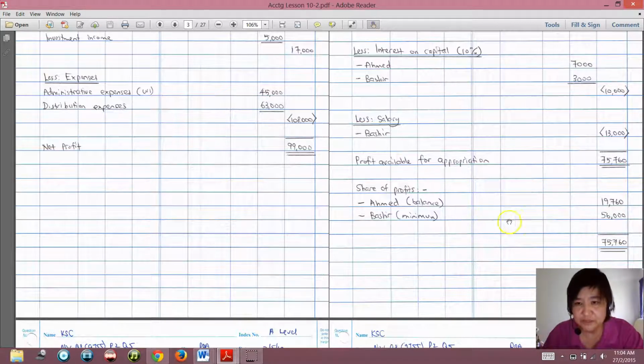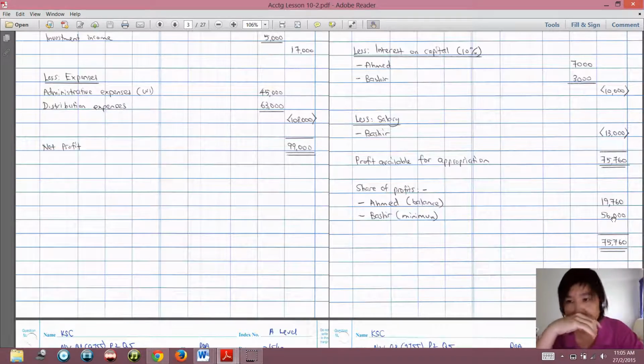So they are supposed to share this equally, but Ahmad guarantees Bashir a minimum profit of 56,000. Since if you divide by half, it's less than 56,000, Bashir will get a minimum of 56,000.